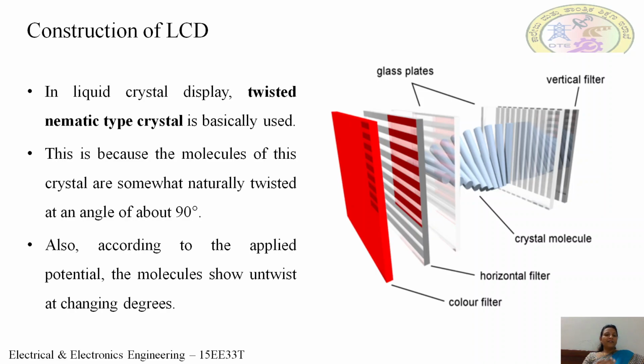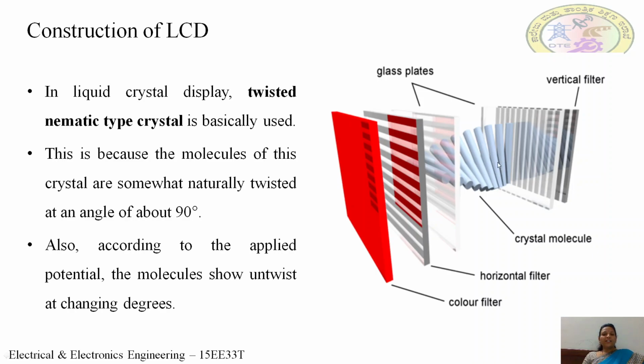That is, they have a naturally twisted molecular structure, and this twist is through an angle of about 90 degrees. As you can see in the picture, here is the liquid crystal and here is the twisted molecular structure. The first molecule, the one here, is vertically aligned, whereas on the other end of the liquid crystal, the molecule is horizontally aligned.